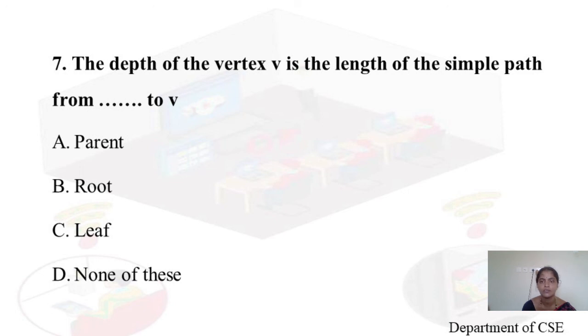Is the path from the parent, the root, the leaf, or none of these? It is neither the parent nor the leaf, but the root. If you follow the path from the root towards that particular vertex, you get the depth of that vertex.